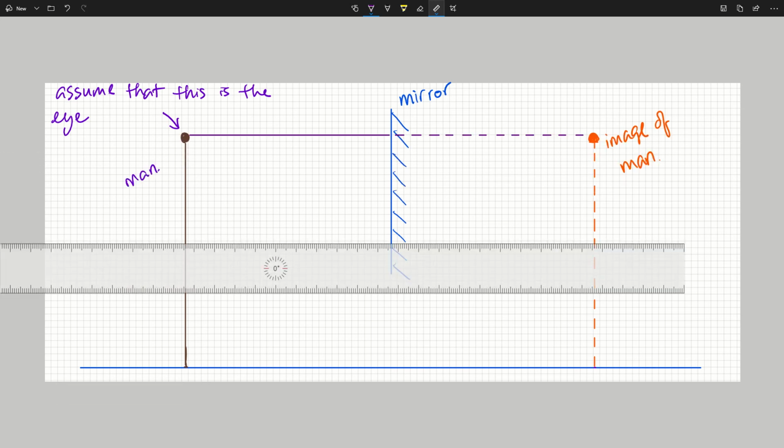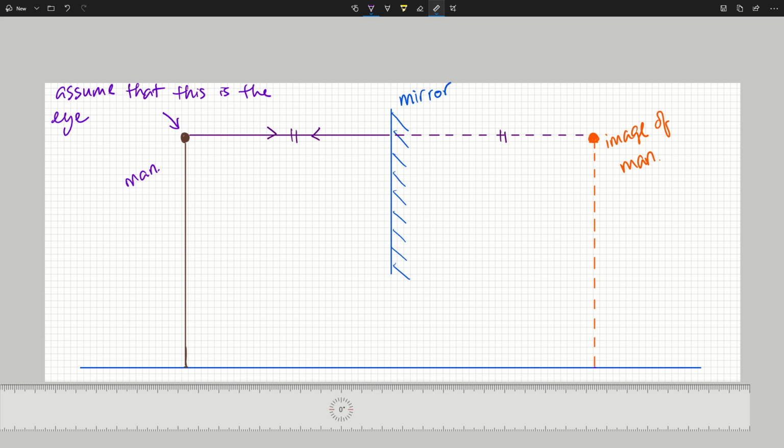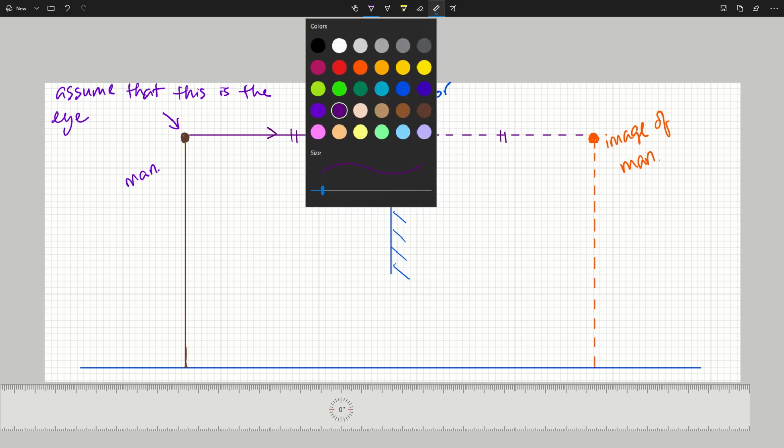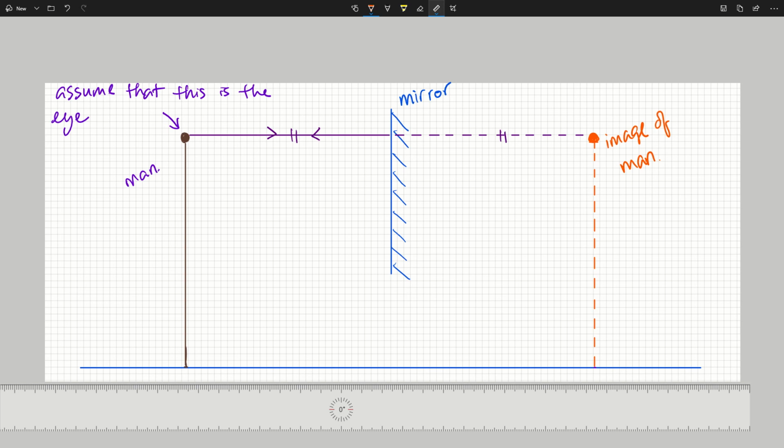I need to draw the dotted line to illustrate these are equal length. So the light ray strikes the mirror and reflects back into his eyes. So that's how he sees the image of his eye, and the image of his eye is how he perceives where it is to be in the mirror.